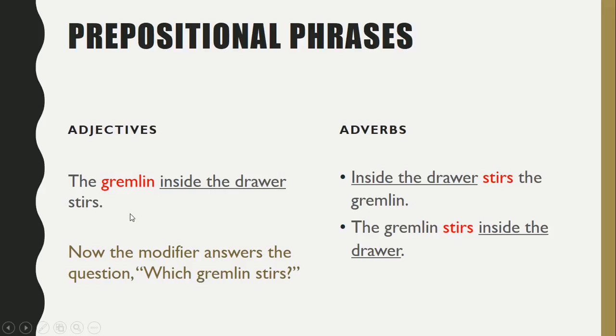Because maybe there are several of them, and we don't know which one is doing the stirring. So that's where they get a little confusing, because we have adjectives and we have adverbs. We have to be careful where they go. If it is an adjective, it has to go right after the noun that it is modifying, or it's in the wrong place. If it's an adverb, it can jump around a little bit.